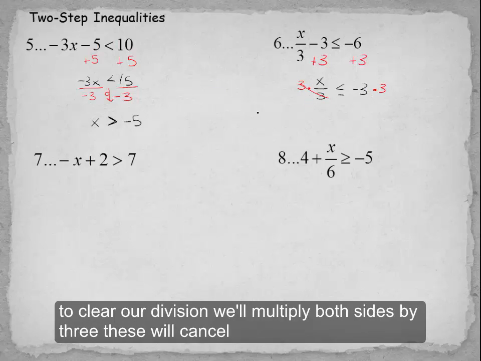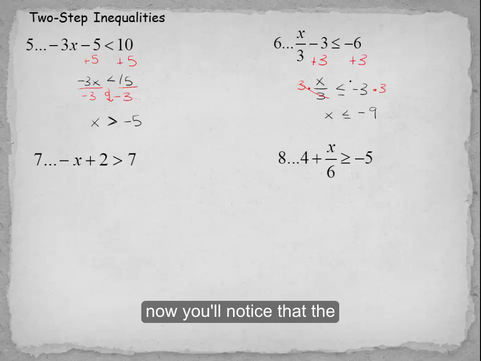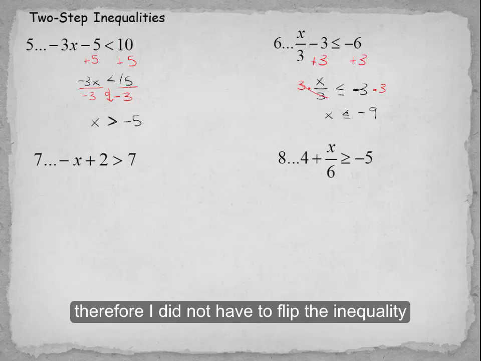These will cancel, which will give us that x is less than or equal to negative 9. Now, you'll notice that I was multiplying and there was a negative involved, but I didn't multiply by a negative, therefore I did not have to flip the inequality.